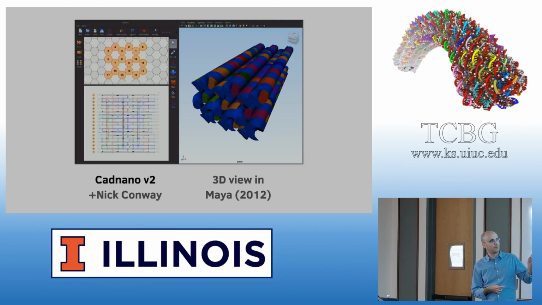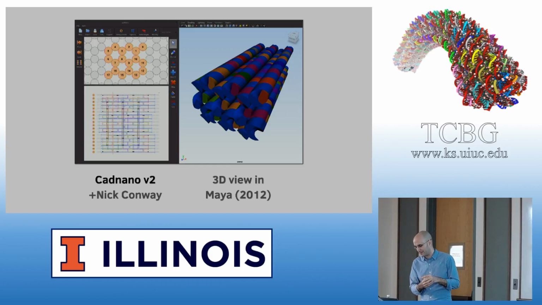At the time, we were making a lot of animations and figures in Maya, and Maya had just updated its interface, so you could embed Python and PyQt programs inside Maya and talk to the Maya API. We had a nice collaboration with Autodesk, and they gave some developer time to help us build a much better 3D view of the origami structures.